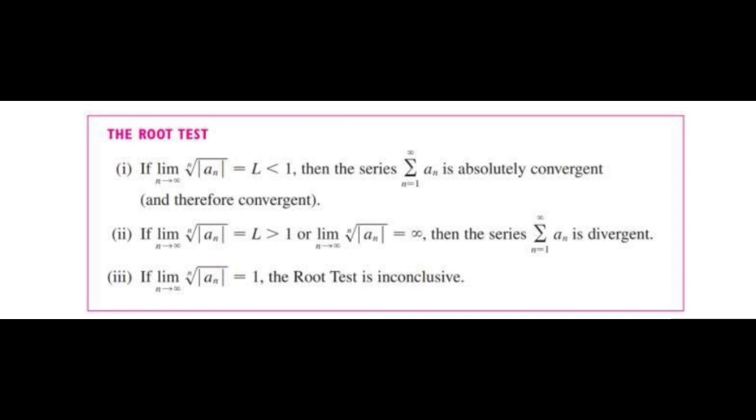The series summation of a sub n could converge or diverge. So if L equals 1 in the root test, don't try the ratio test, because L will again be 1. And if L equals 1 in the ratio test, don't try the root test because it will fail too.